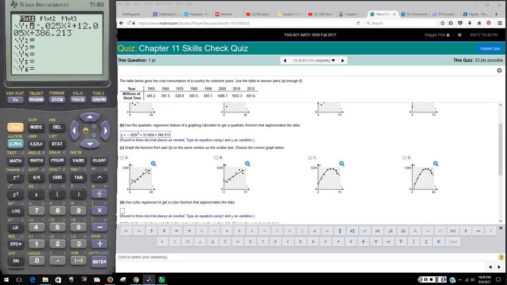Make sure that you've typed everything in correctly. Don't want any mistakes at this point. And then hit graph. That is the right equation.